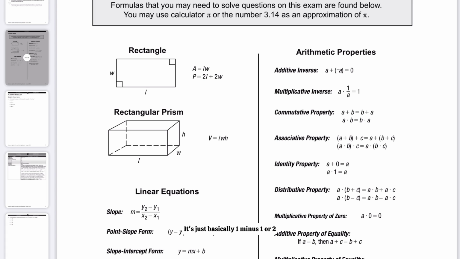It's basically 1 minus 1 or 2 plus a negative 2. It's the same thing, and you end up with 0. Here, if you multiply a reciprocal times itself, you get 1. This is just showing you that if you add 1 plus 2, you get 2 plus 1. Same thing with multiplication and so on, okay?